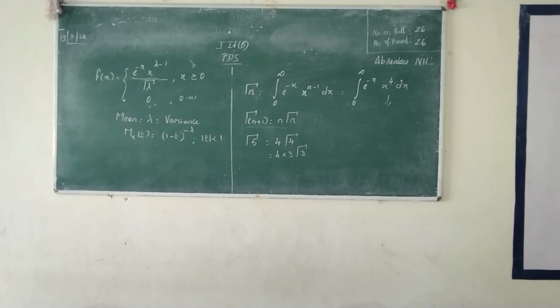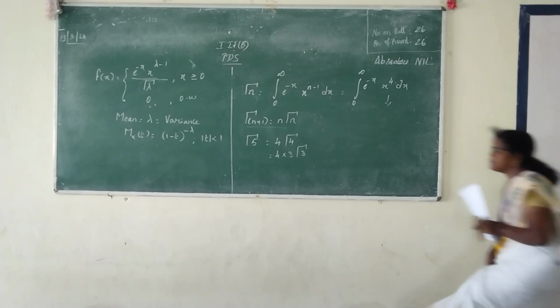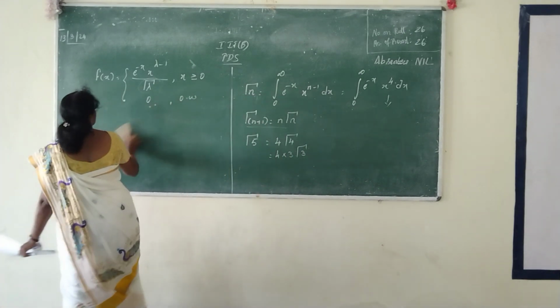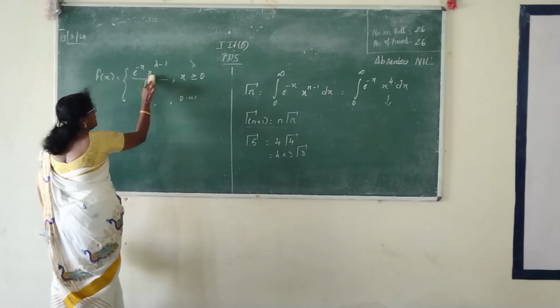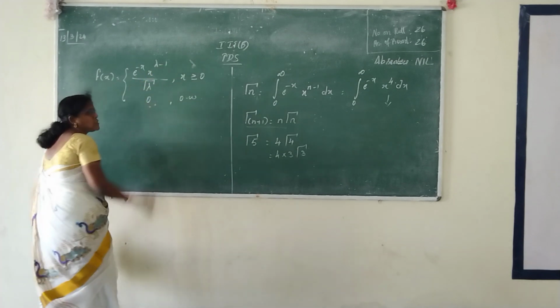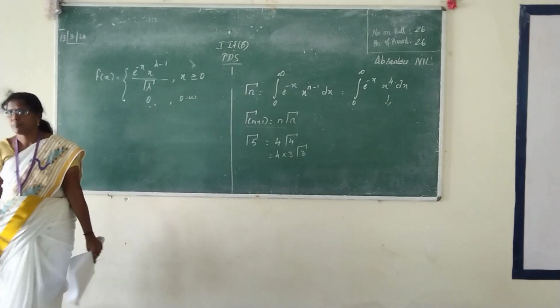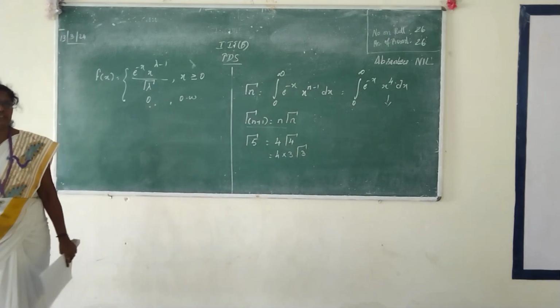Given X follows gamma distribution with parameter lambda. Therefore f of x is equal to e power minus x, x power lambda minus 1, by gamma lambda, for x greater than or equal to 0. Write the general definition first.